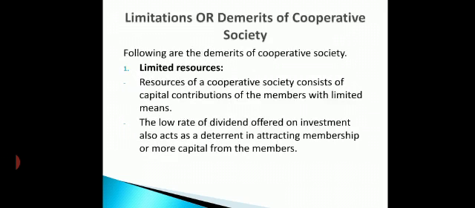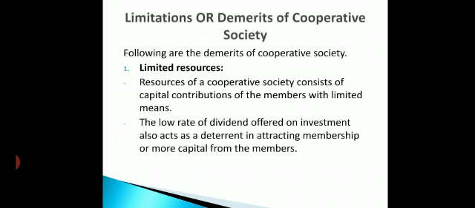Another point we need to consider is that the low rate of dividend offered on investment also acts as a deterrent in attracting membership or more capital from the members. When you purchase shares of a joint stock company, the share of profit you get in return, we call it dividend.